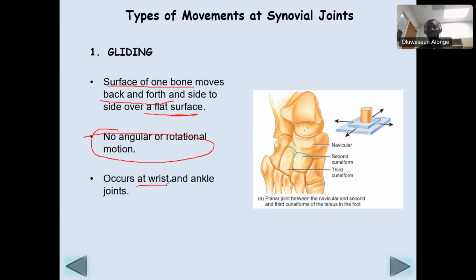This is what you see at the wrist. When you look at your wrist, it is able to go right, left, front and back, gliding on the surface of the radius and ulna. That is what you see in that joint.